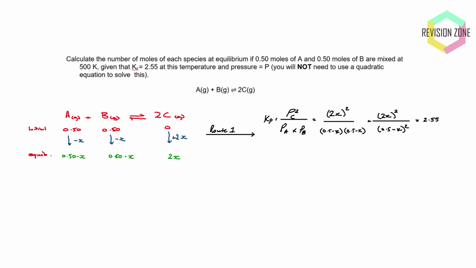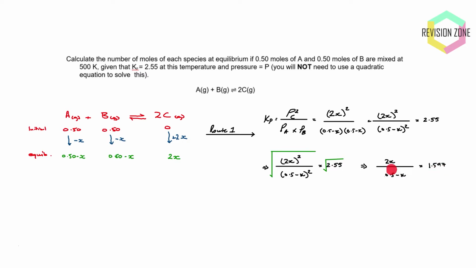We get the square root of this term and the square root of 2.5. That leaves us with the following expression, and the square root of 2.5 is 1.597.